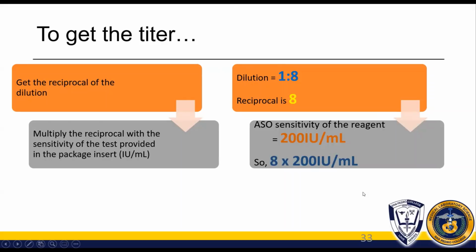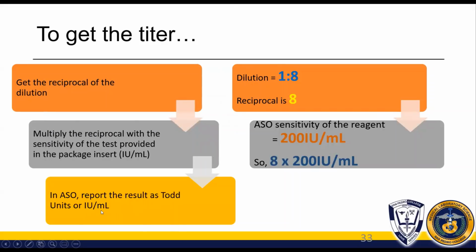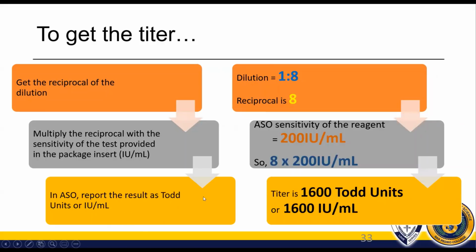So, 8 times 200. In ASO, the result may be reported as Todd units or IU per ml. In this case, the titer is 1,600 Todd units, because 8 times 200 is 1,600 IU per ml.